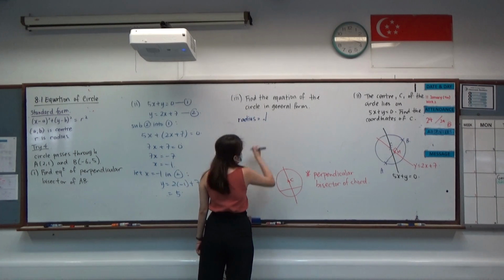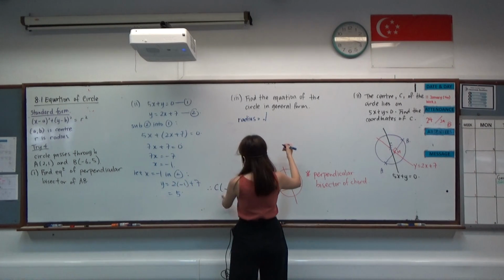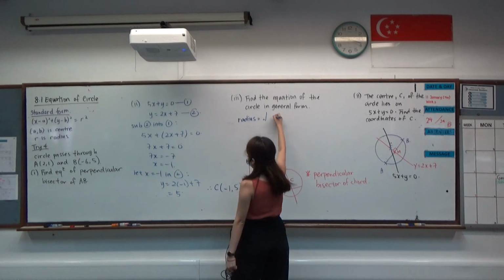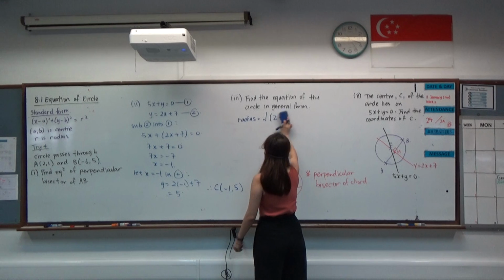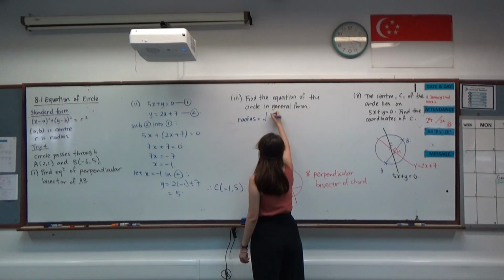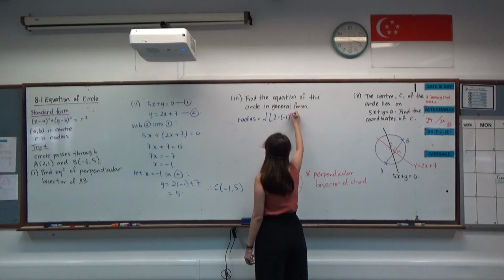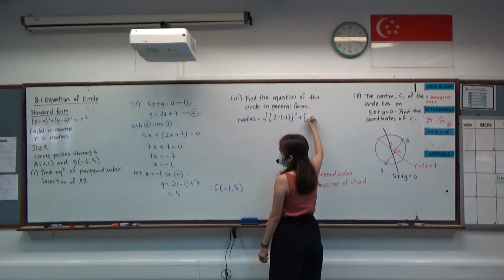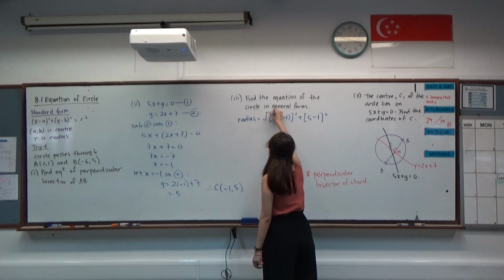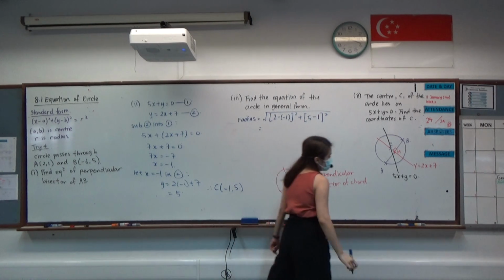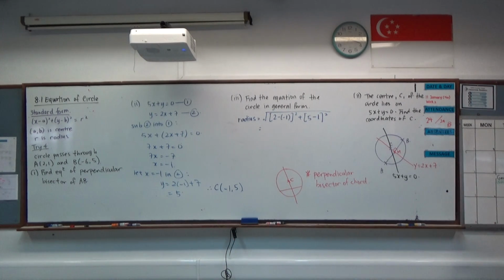So radius will be the distance between C and A, which is the square root of 2 plus 1 squared, plus minus 1 squared. And that will give you the radius to be 5.